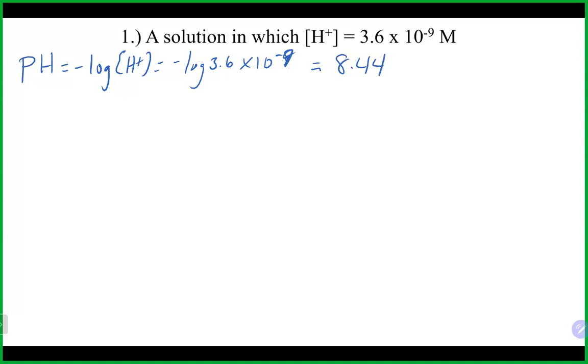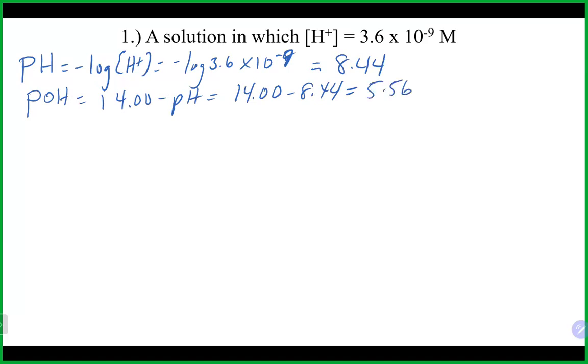Again, at this point, I've got a couple of options. I could get the pOH pretty easily. pOH would be 14 minus the pH, so that would give me 14 minus 8.44. And if I do that, then it looks like 5.56 in terms of our pOH.